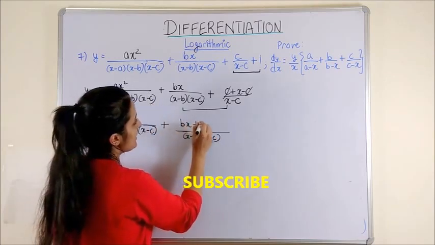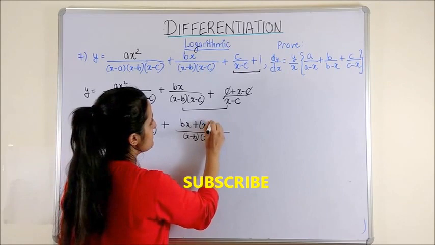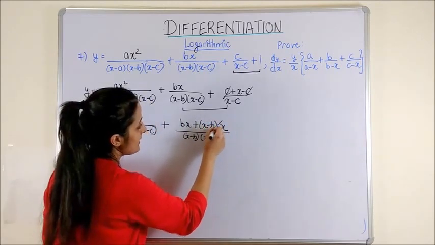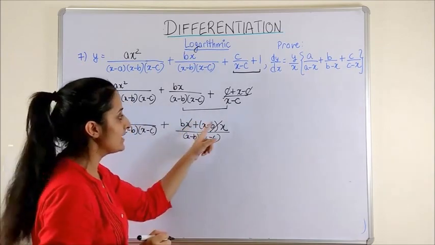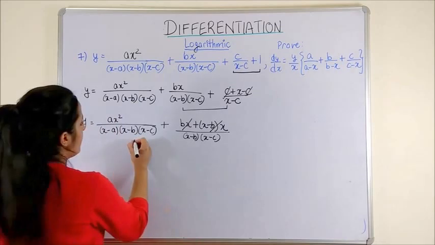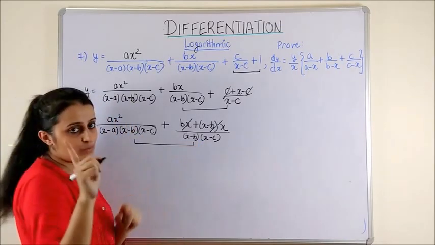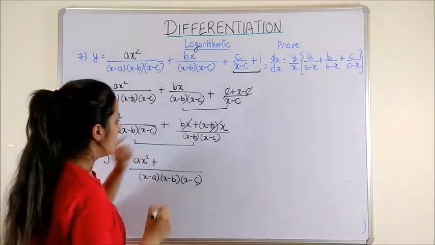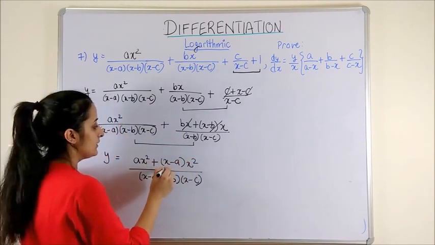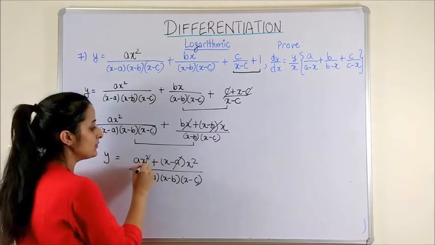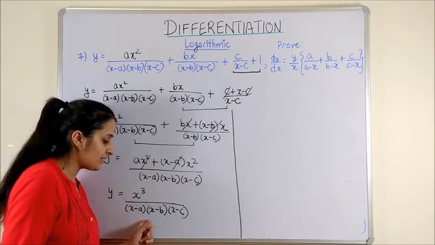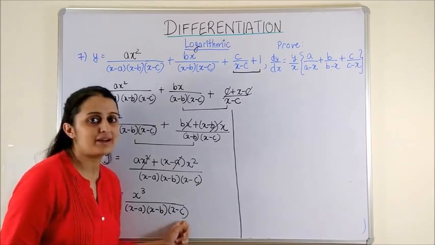This is bx plus x minus b into x. Now this time, your bx and bx get cancelled and you're left with x square upon x minus b into x minus c. Now repeating the process one more time, and here when you multiply with x minus a, once again this term would get cancelled. Finally our y looks like x cube upon x minus a into x minus b into x minus c.